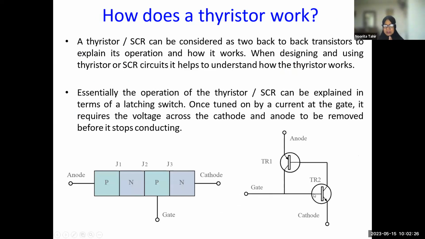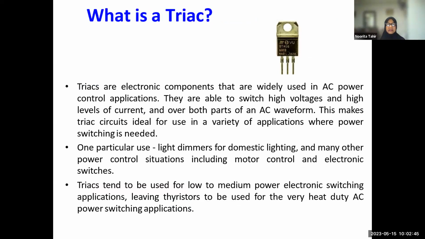Once the base of transistor 2 is activated, the collector will activate the base of the first transistor, and that happens. And it stops once the voltage at the gate is removed. Okay, let's see the third one, which is triac. So what is triac all about?